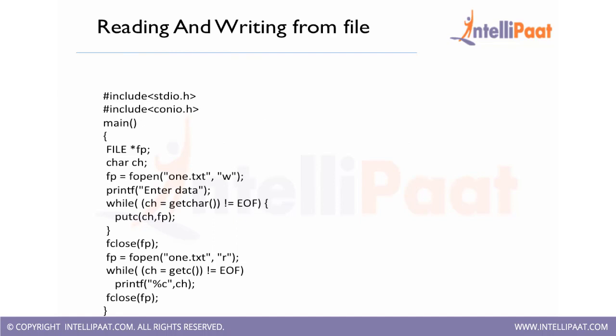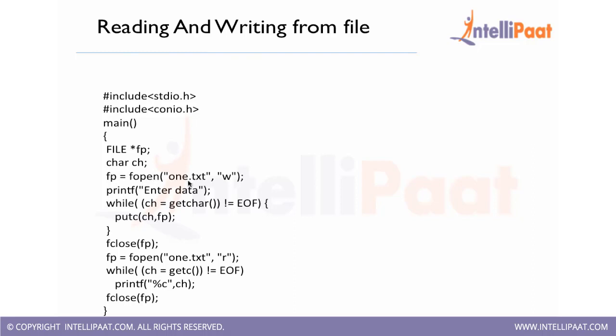So this is a very simple program to read and write from a file. I have used conio.h here because we are using the getchar function and the getc function, so that's why I have used this header file. Let's go through this program. First we are declaring a file pointer and a character. Then we are opening a file using fopen.